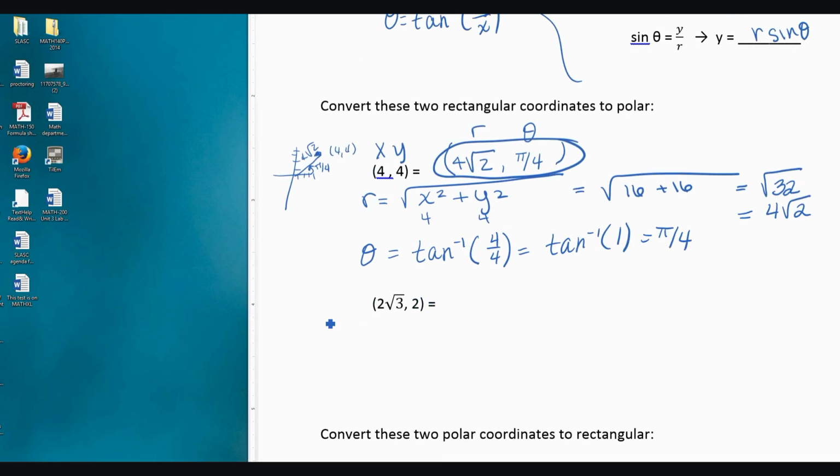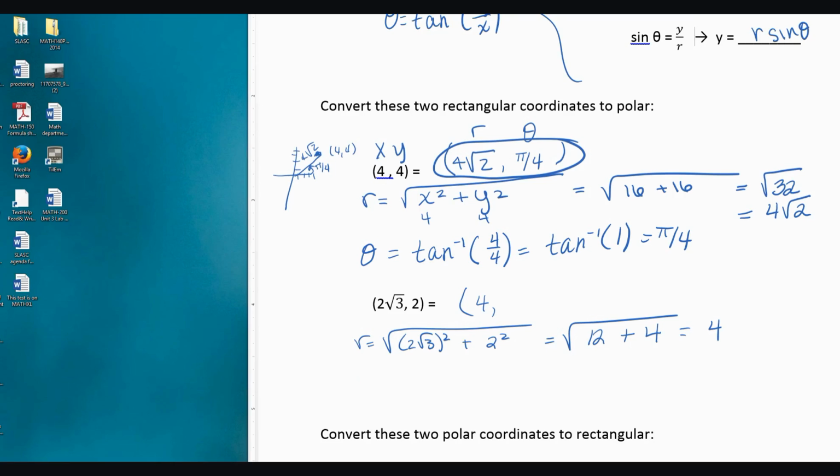Okay, here we have 2 square root of 3 comma 2. So for our r, we're going to take the square root of 2 square root of 3 squared plus 2 squared. So 2 square root of 3 squared, we'd have 2 squared, which is 4, times square root of 3 squared, which is 3, so we'd have 12, plus 2 squared is 4, so we have the square root of 16, which is 4. So our r is 4.